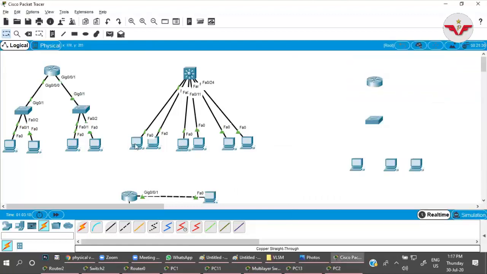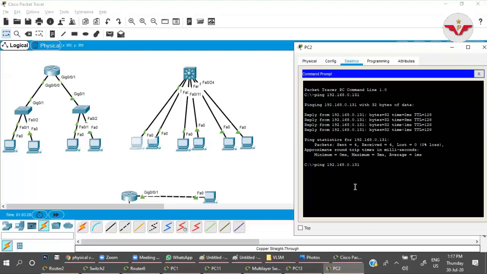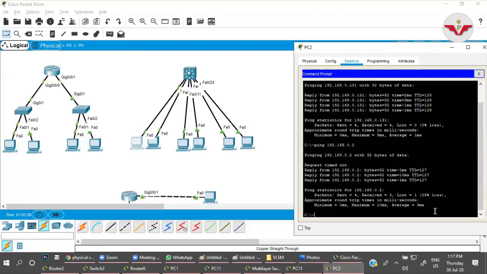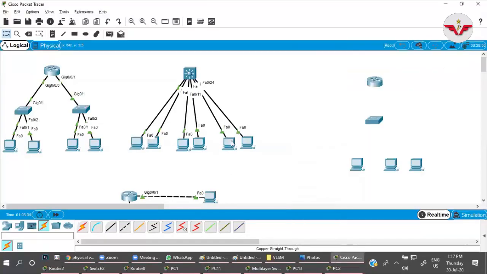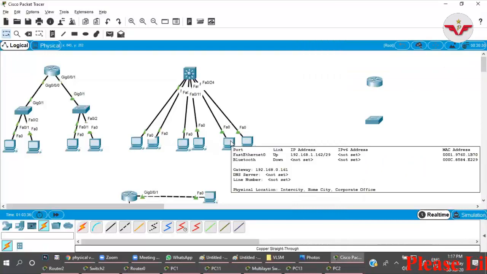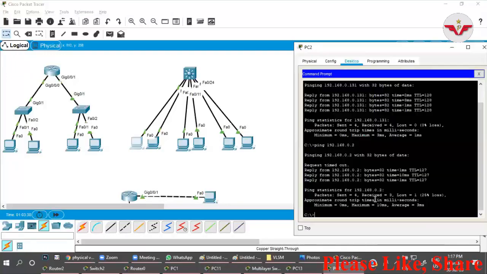So from this PC I am communicating with 2. Done. And let us check with this network as well. So this is the third network, 162. Let us check 162.